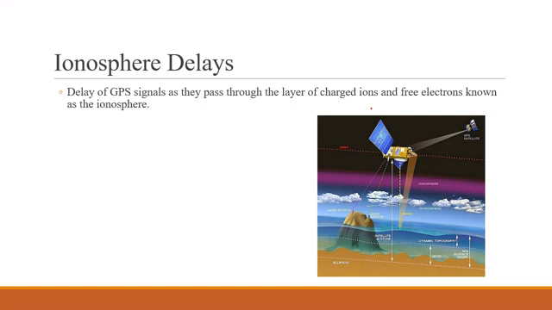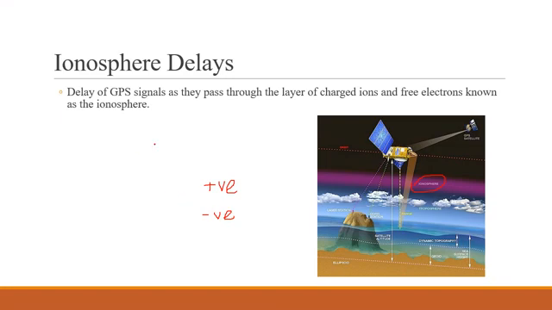And what are ionospheric delays? Ionospheric delays mean that the ionosphere, the upper part of the earth, consists of a lot of ions. Ions mean positive or negative charges, which may cause the signals to be degraded.